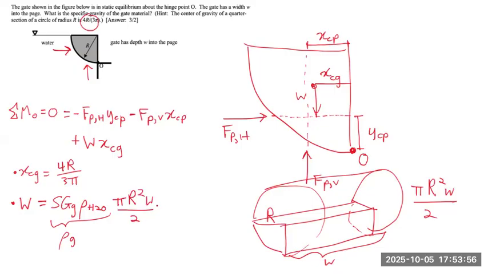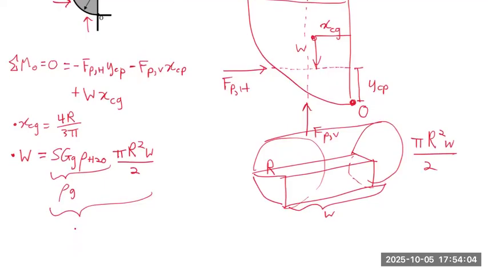And let's just make it explicit, this is mg, the mass of the gate. And if we multiply mass by gravity, we will have weight. So the weight is equal to the specific gravity of the gate times the density of water times gravity times pi r squared.